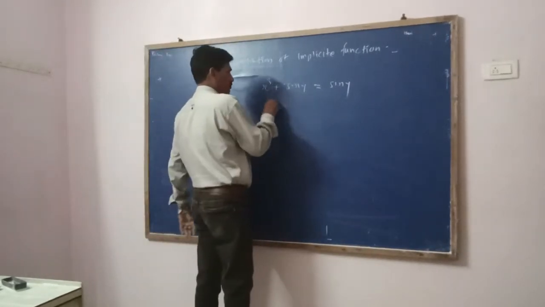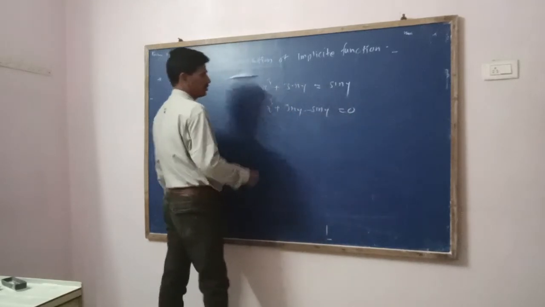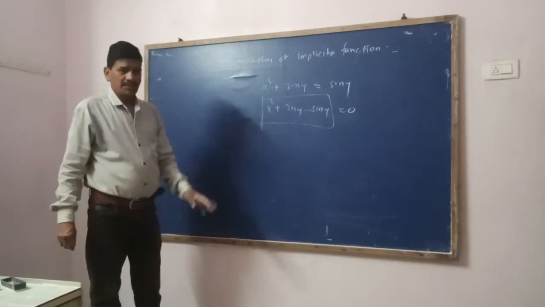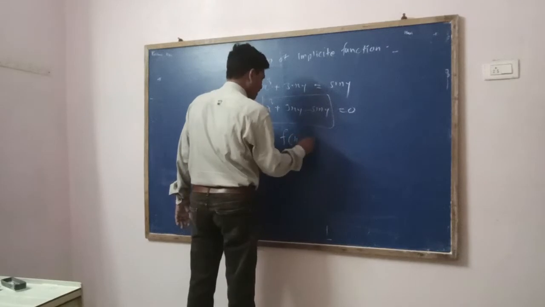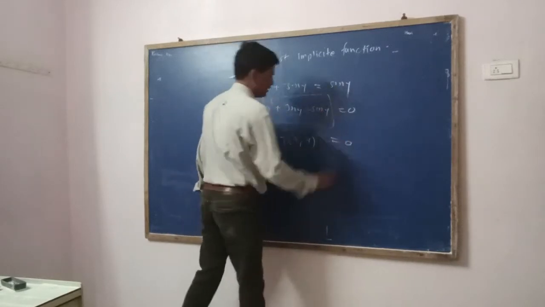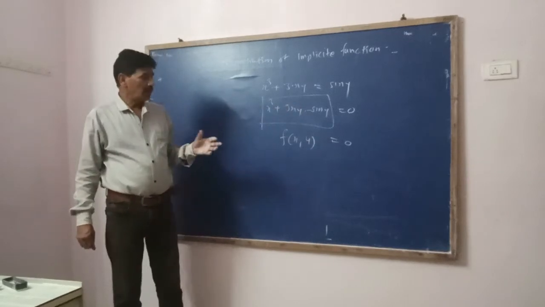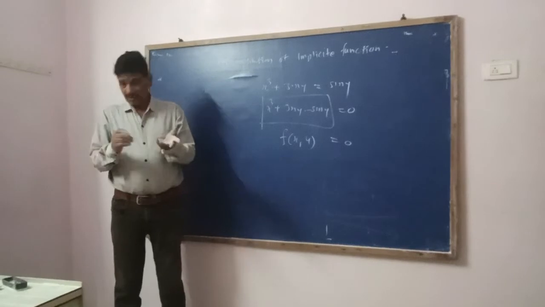X cube plus 3xy minus sin y is equal to 0. On LHS, there is a function f of x, y. This is an equation of both variables x and y, but they cannot be expressed in each other's terms.